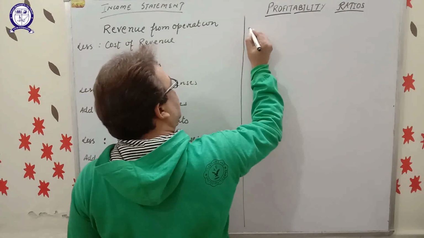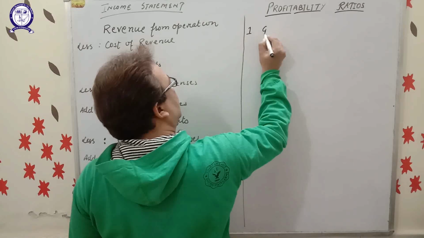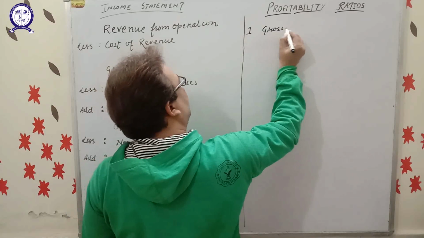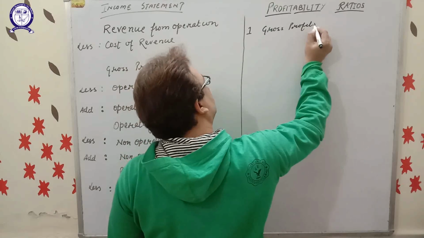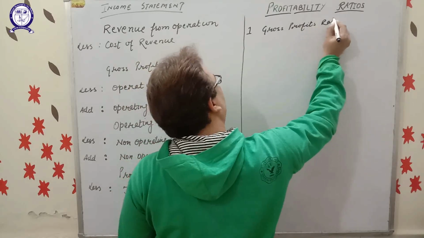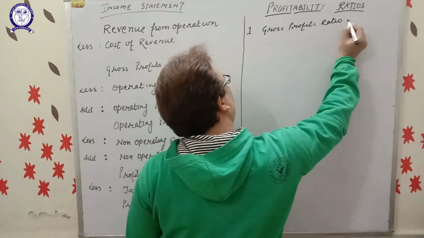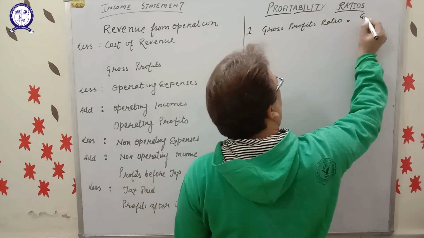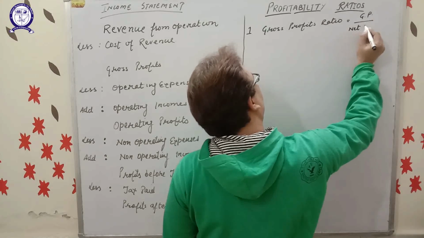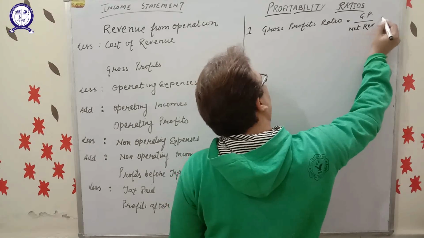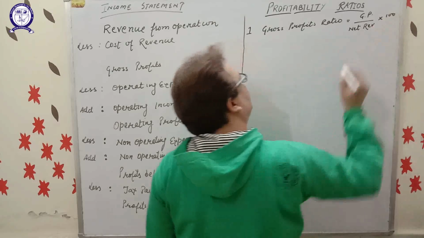Let us understand. Number one, gross profit ratio. The formula is gross profit divided by net revenue into 100.